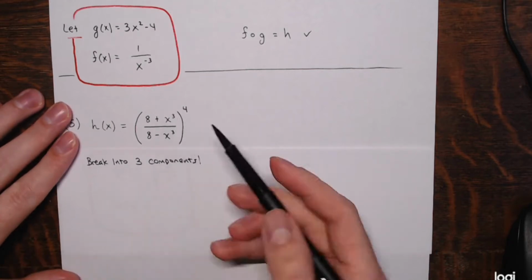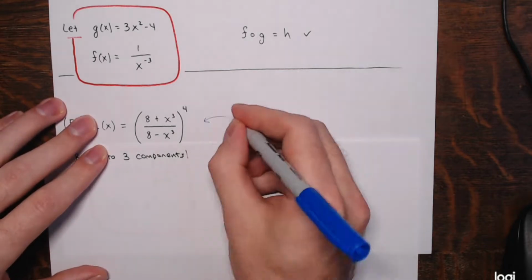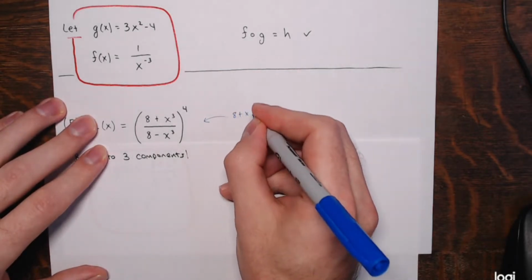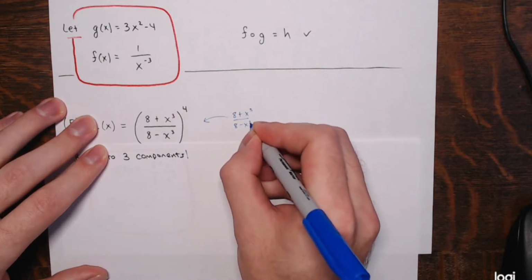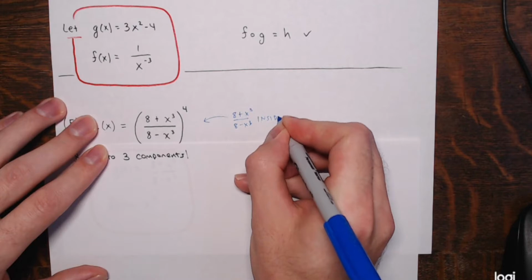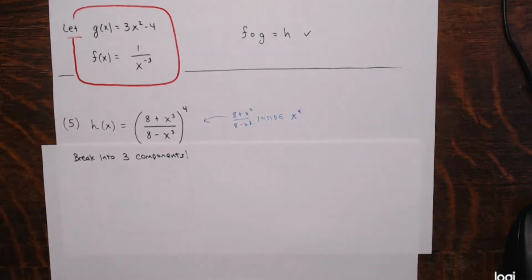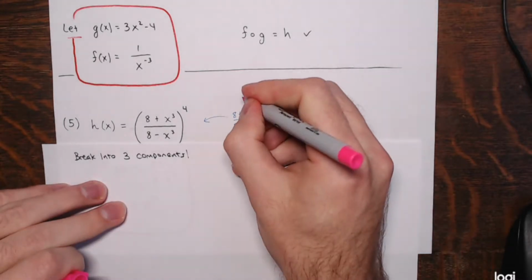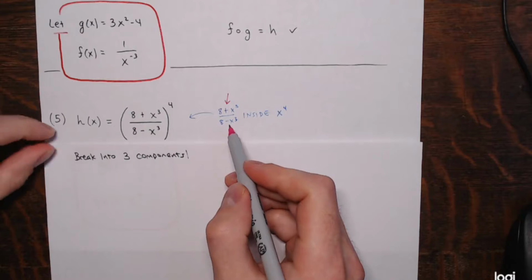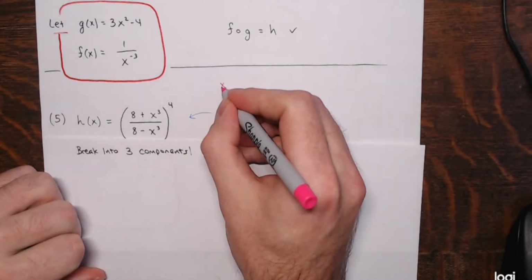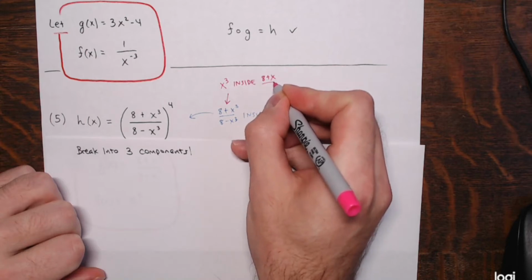Because you got, one, this 8 plus x cubed over 8 minus x cubed is inside something to the fourth power. But not only that, see how this 8 plus x cubed over 8 minus x cubed, this is x cubed inside 8 plus x over 8 minus x?